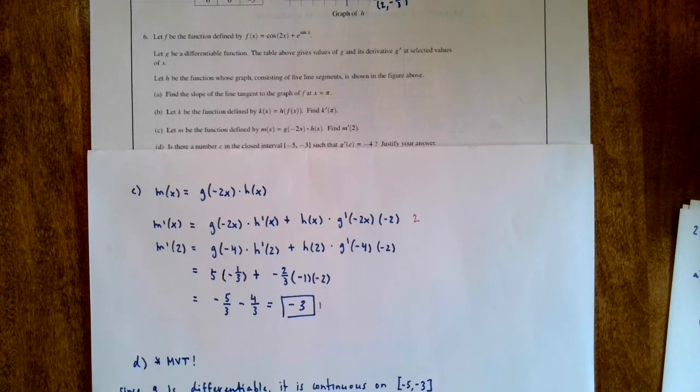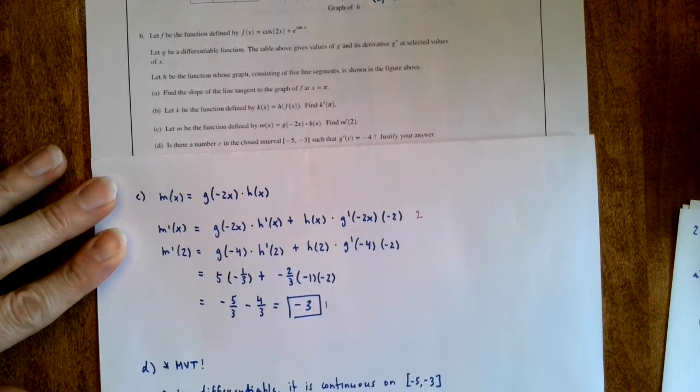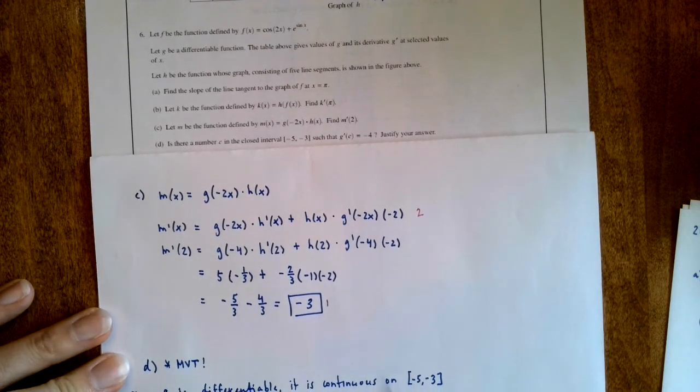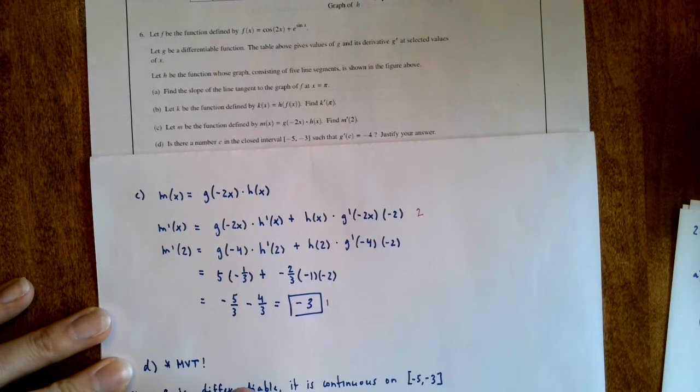Now remember, the mean value theorem told us that the average rate of change should be equal to the instantaneous rate of change. So what I'm going to check next is the average rate of change over this interval. So I'm going to calculate g of negative 3 minus g of negative 5 all over negative 3 minus negative 5.